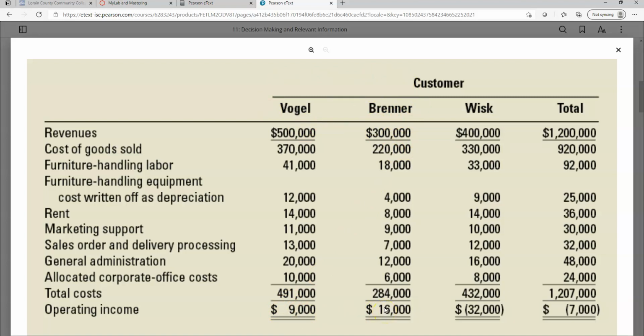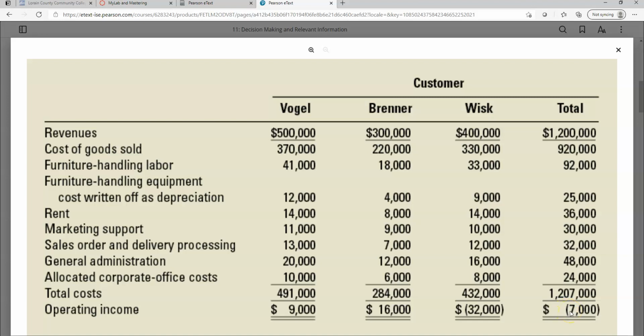The issue is with the customer Whisk. Why? Because that customer has negative operating income due to various factors. We'll take a look at that. And the total overall company for Allied West is a $7,000 operating loss.